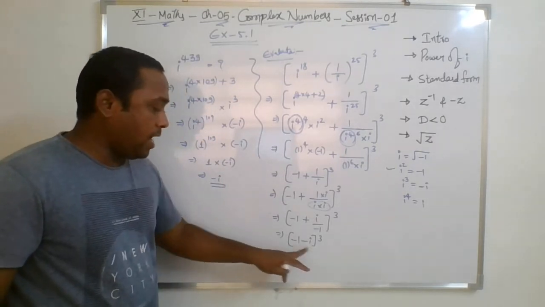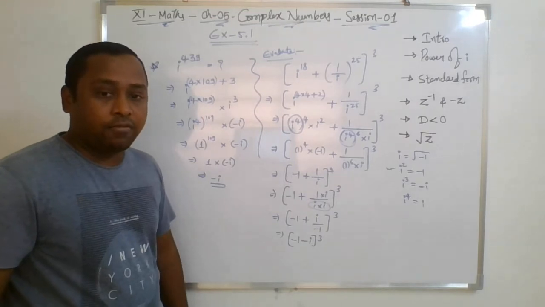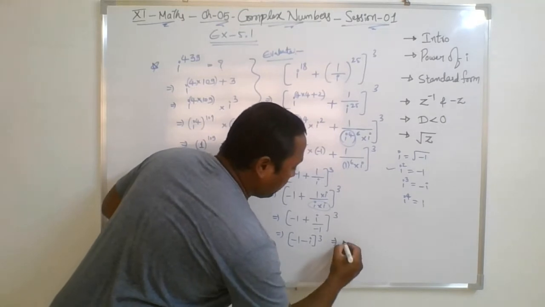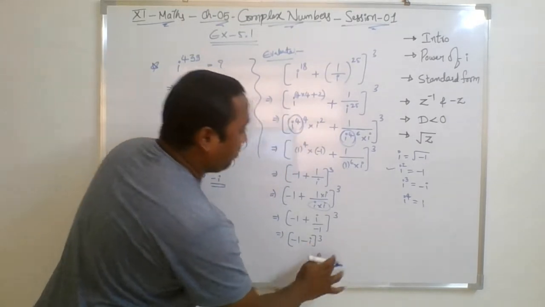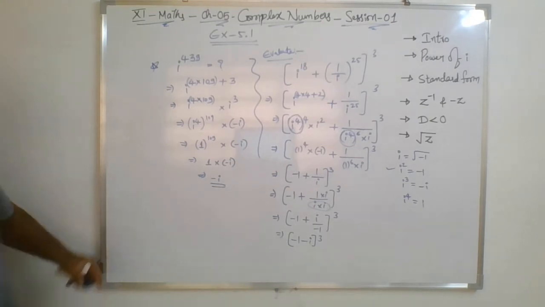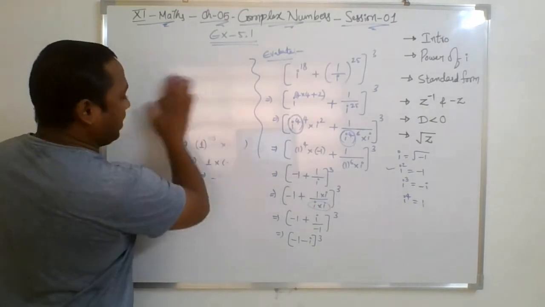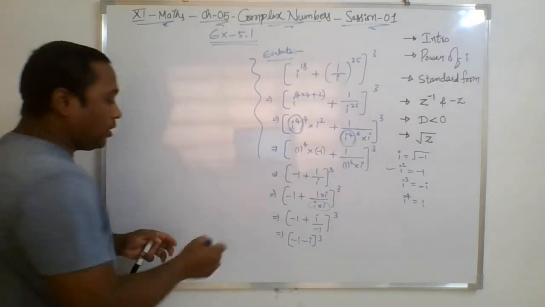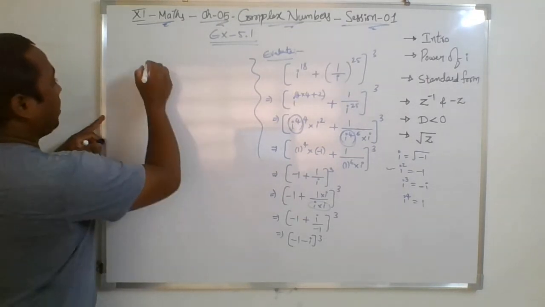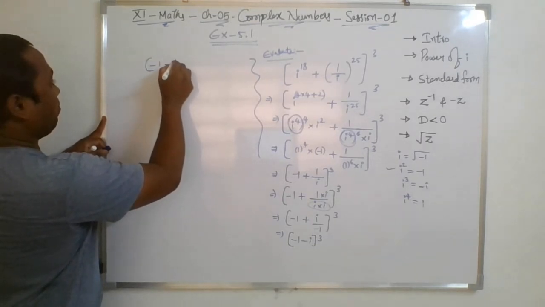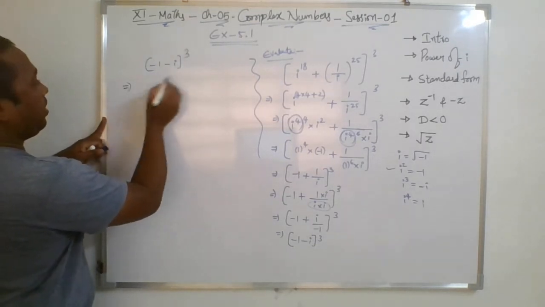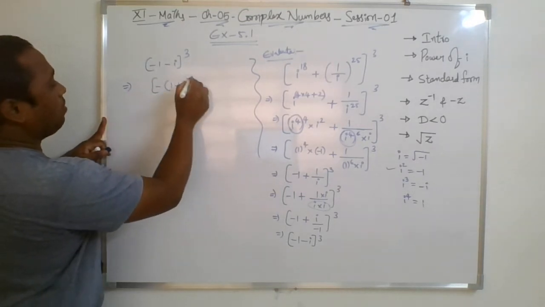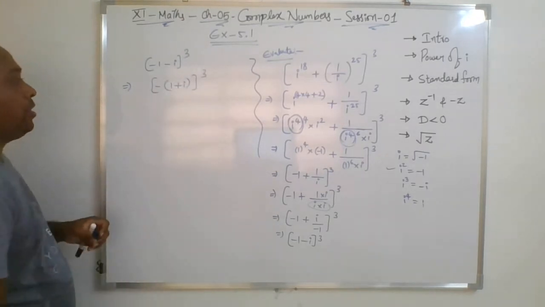Now I can take minus as a common factor from this bracket. I am just erasing this question for space. So I am taking this minus 1 minus i whole cube. If I take minus common from the entire expression, it becomes 1 plus i whole cube.